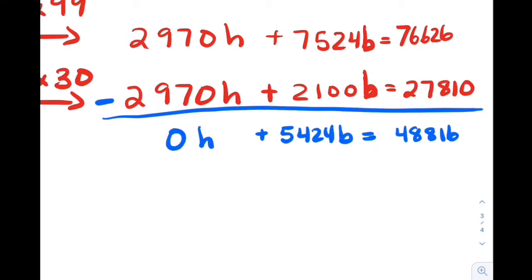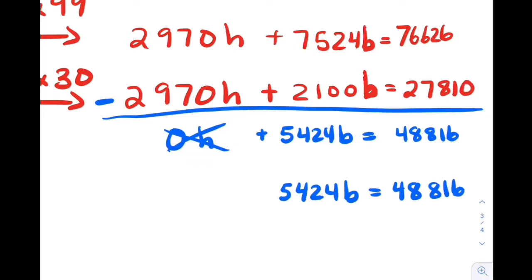So now we have our new equation because the H is gone. 5,424B is equal to 48,816. And when I divide both sides by 5,424, I get B is equal to 9. That means bath towels cost $9.